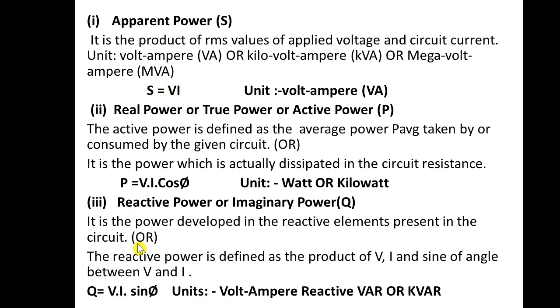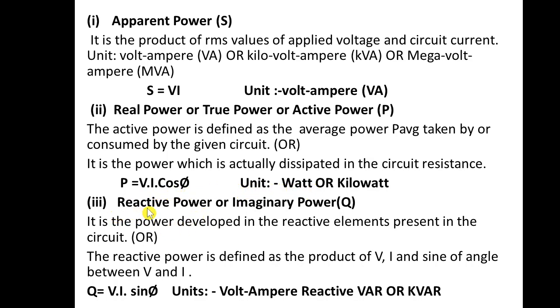These formulas are important. What is apparent power? The formula is S is equal to V into I, and the unit is volt ampere. Then what is real power? The formula of real power is P is equal to V into I cos of phi, and the unit is watt.